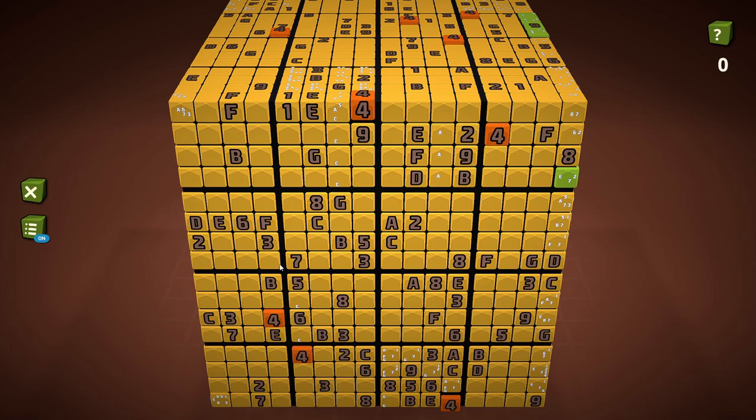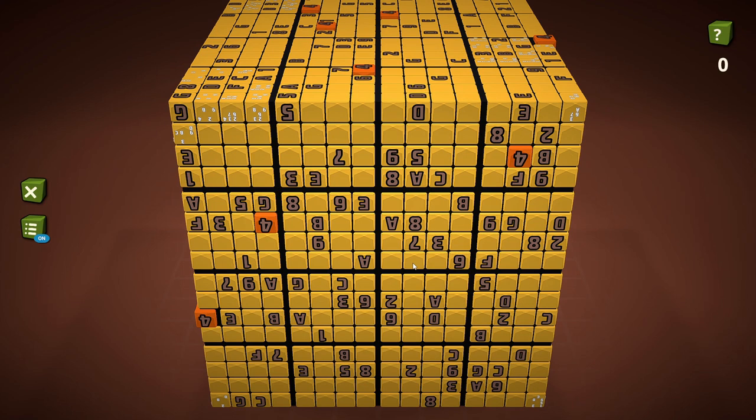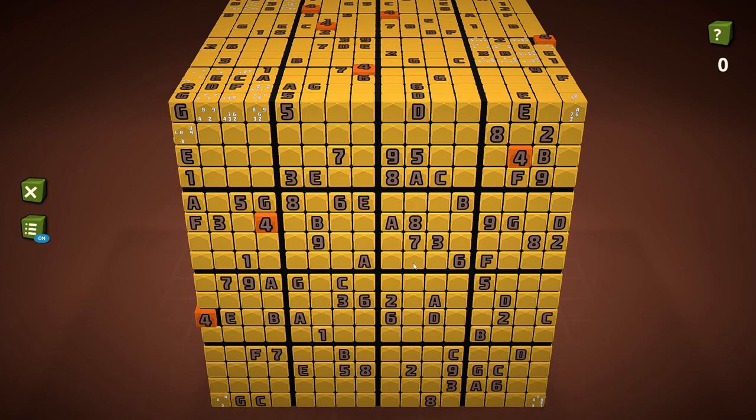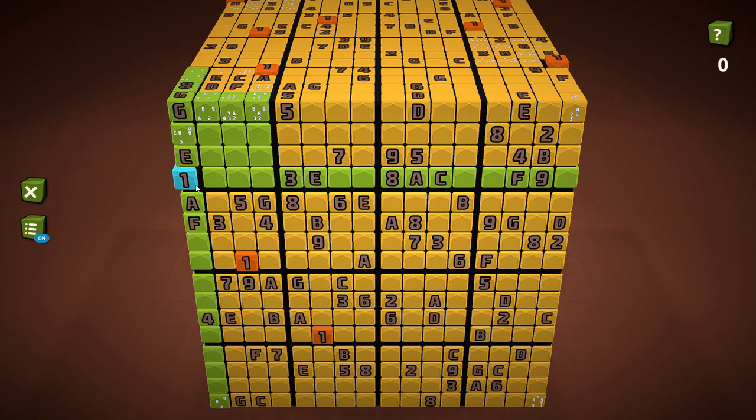So this side looks decently barren. Just do the entire cube at once. Just, okay, all of the ones. Alright. Fine. All of the ones at once. So 1. Okay. Those can't be 1s.